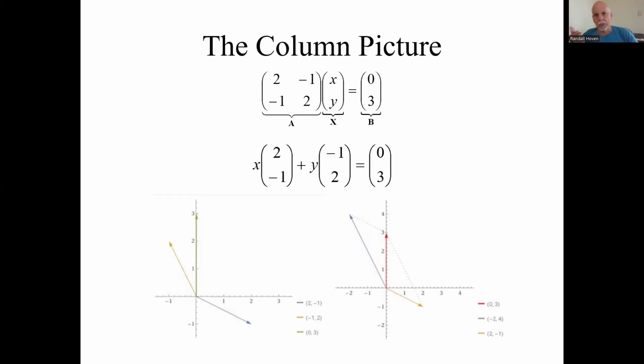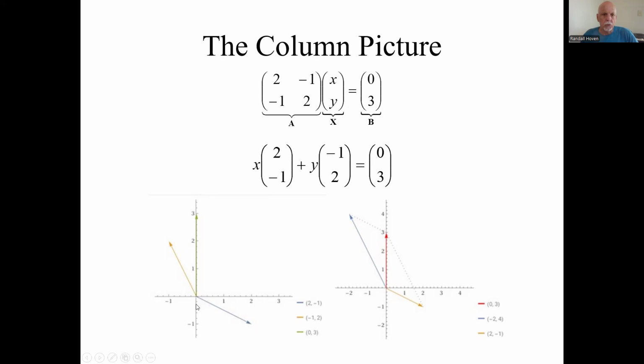Now the column picture. Remember, we could look at matrix multiplication like this, a matrix times a vector, as a linear combination of the column vectors of A. And here the weighting would be x and y. So here's a vector, 2 minus 1, which comes from this first column. That's this blue thing here on the left.